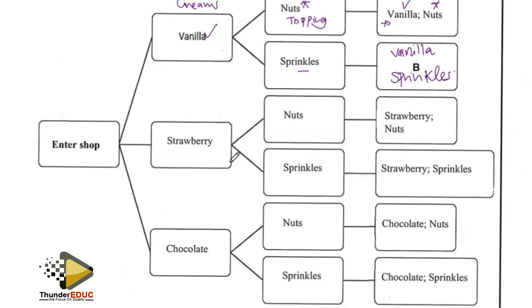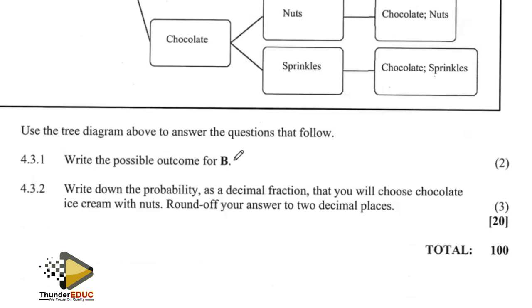Okay. Write down the possible outcome. Look at me. Write down the possible outcome of what we are saying. Vanilla, followed by what? That was supposed to be the answer there.